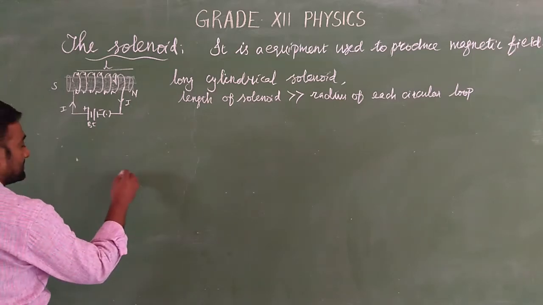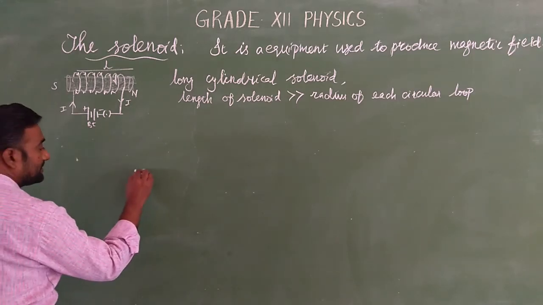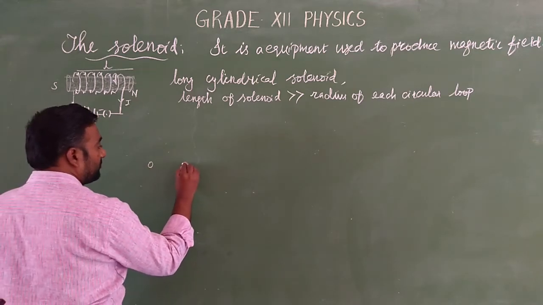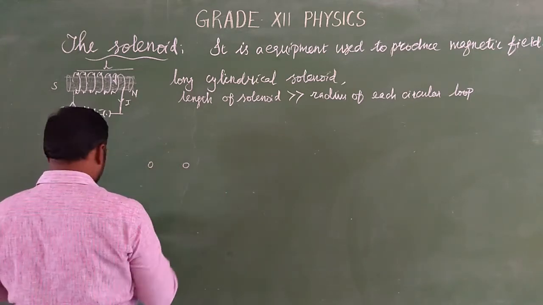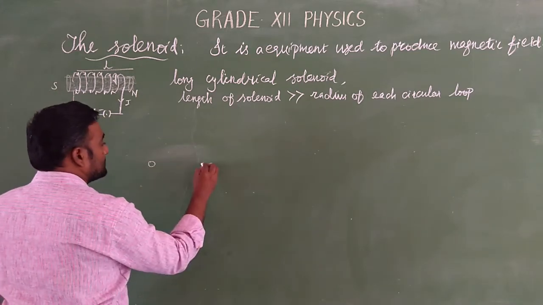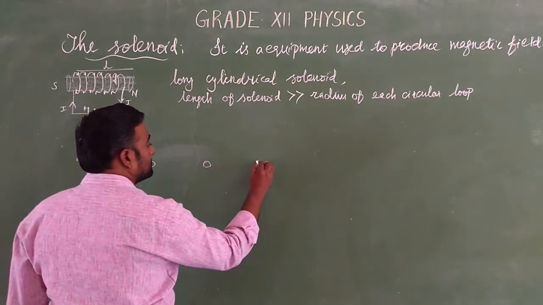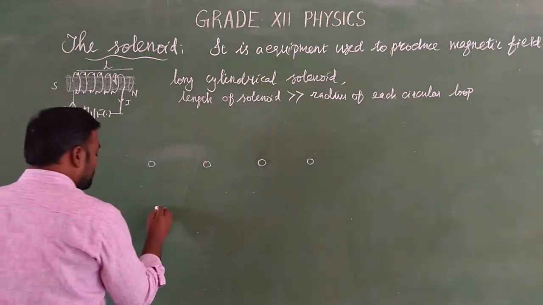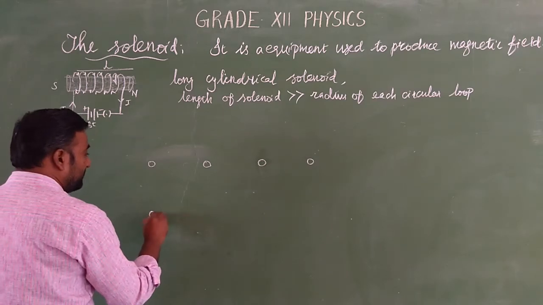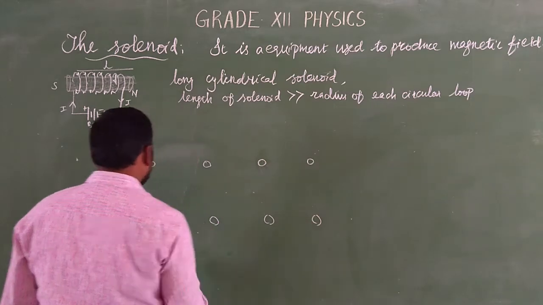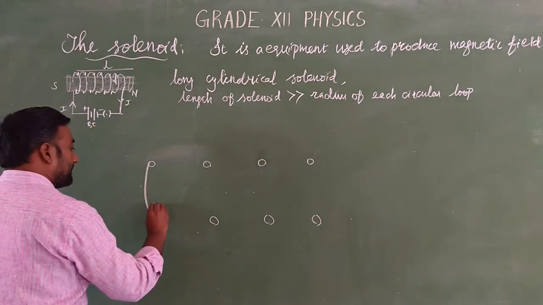So listen, the cross sectional view. At all these points, the upper ends, the field is emerging out. At the lower portions, the field is entering into it. So this is the wire.